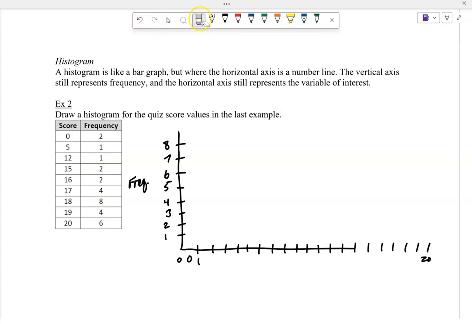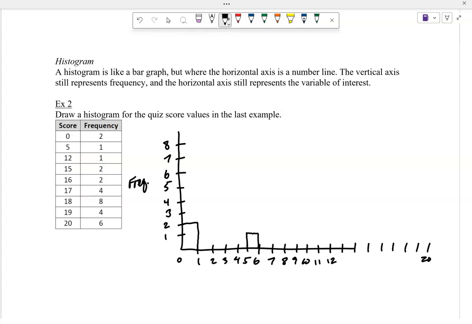Let me erase that right there. So on. We had 2. And then at 5, so the left-hand side of the bar, 5, we only had 1 of these. And then it jumps to 12.